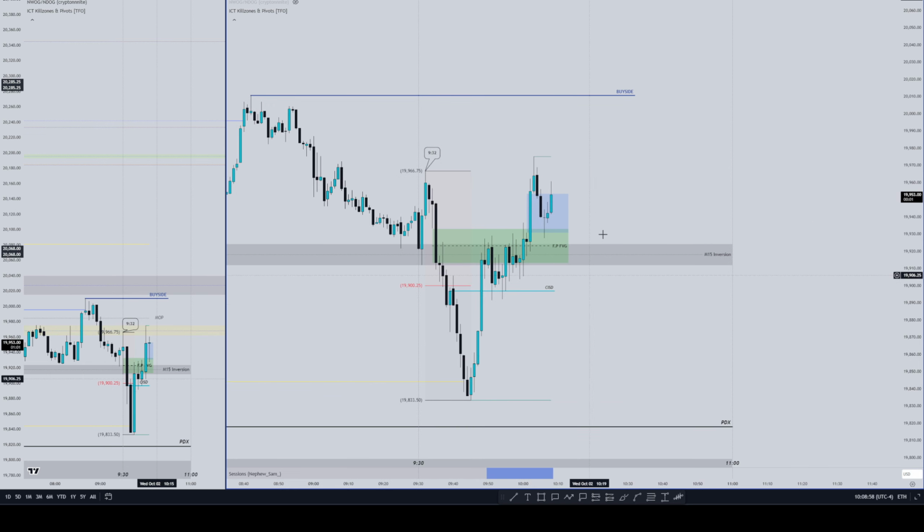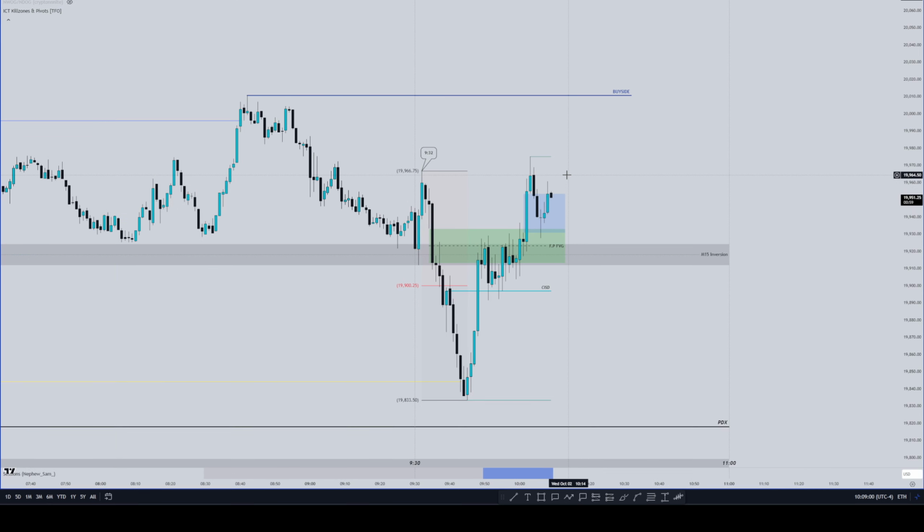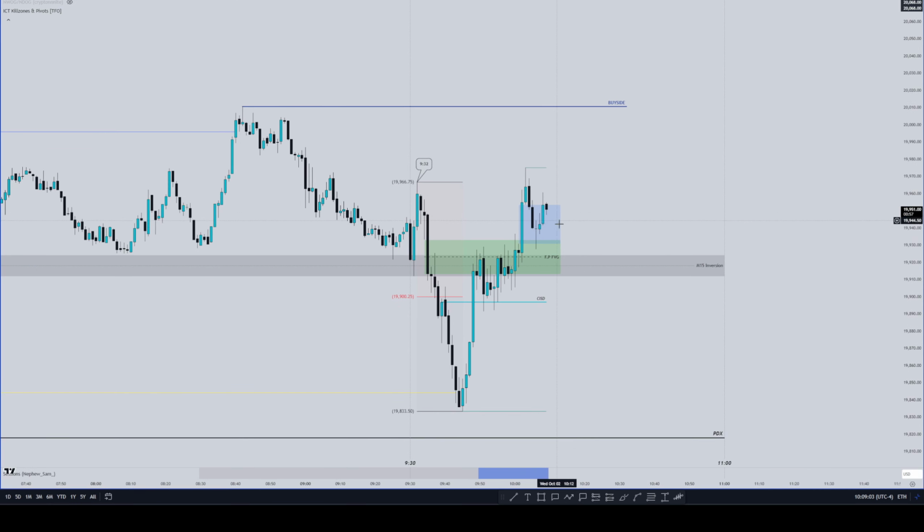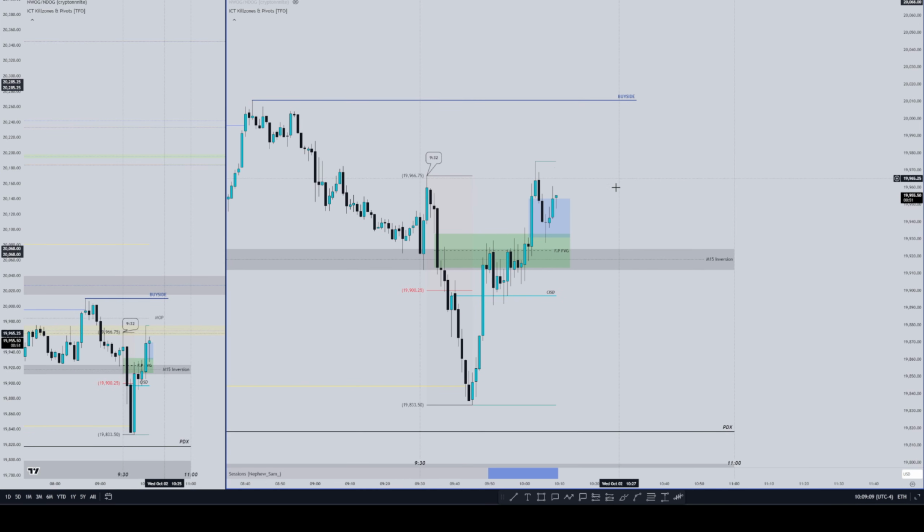So pretty clear, I think. Most people could see that. Now we could stall out here, maybe take out a short-term low, and then continue back up. But this, to me, looks like a market maker buy model. We're holding most bullish PD arrays, disrespecting bearish ones.